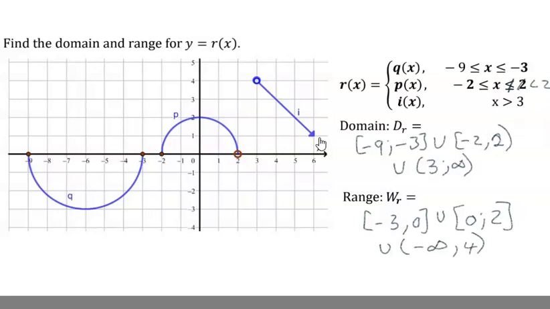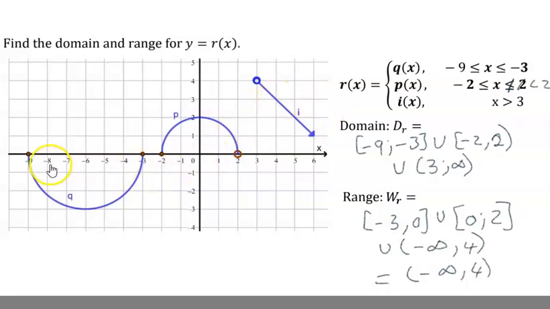And in this case, the function here will cover for all the y values that are in here. So I can conclude and write that the range will be from -infinity to 4.